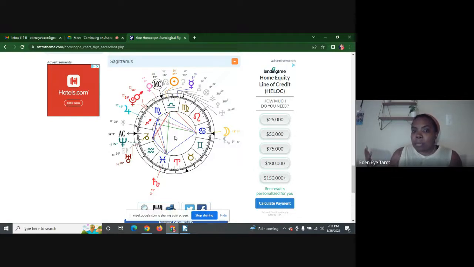And so it actually gives you, just because it's a square, a lot of people will say that squares of course have a lot of tension, but it's almost like a positive square rather than a negative square.